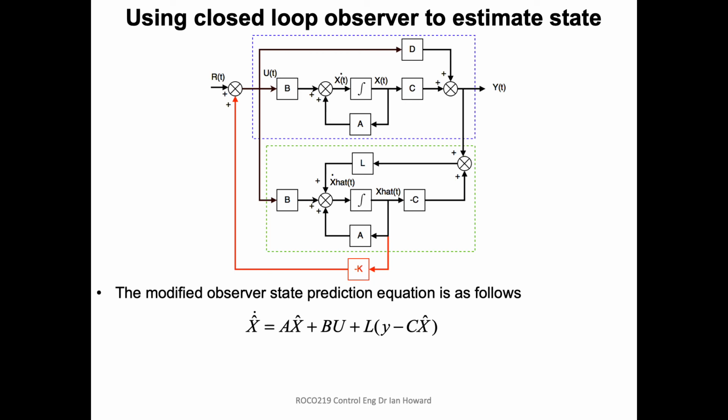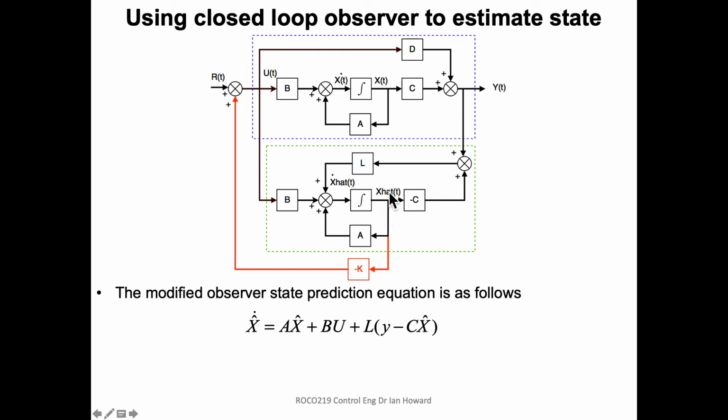So now let's look at the equation that we're going to get for x hat dot. If you remember, x hat is our predicted state. X hat dot is going to be its differential. If we look at what we've got here, it's going to be A x hat, leading into this particular point here.